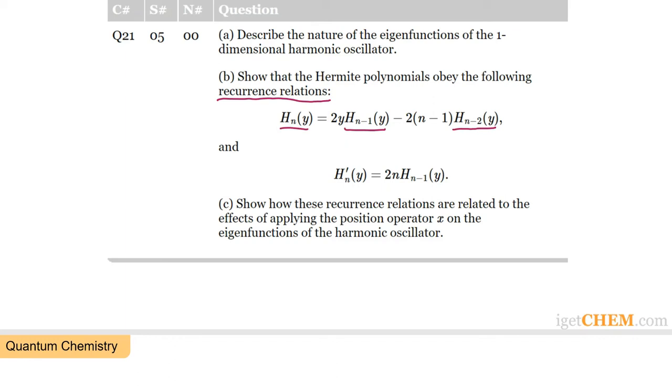So if you know the last two, you can figure out the next one. In the second recurrence relation, it says if you know the functional form of n minus 1, then you can know the derivative of the next one. So these recurrence relations are related to part C, which has to do with the application of the position measurement operator x on the eigenfunctions of the harmonic oscillator. So let's take a look.